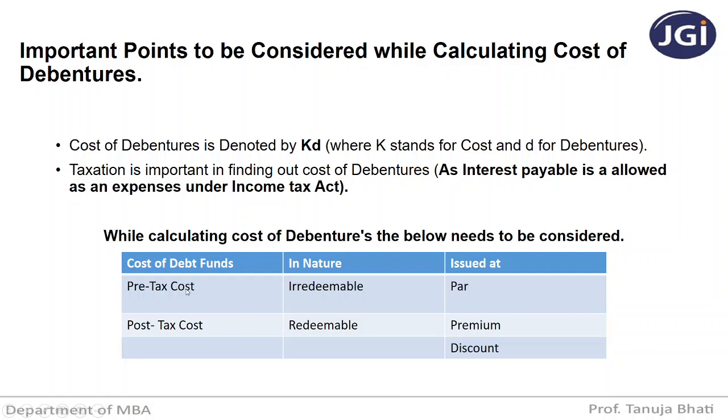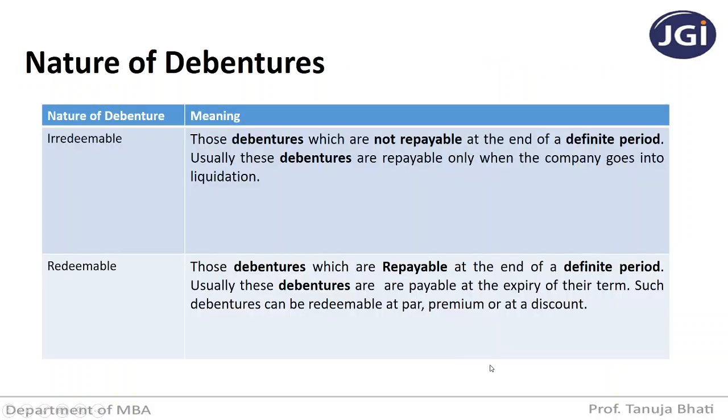So it can be a combination of pre-tax cost irredeemable issued at par, or pre-tax cost irredeemable issued at premium, or pre-tax cost irredeemable issued at discount. So the solving will accordingly differ, or it can be post-tax cost, redeemable, par, redeemable premium, redeemable discount. We will be seeing in detail in the further slides.